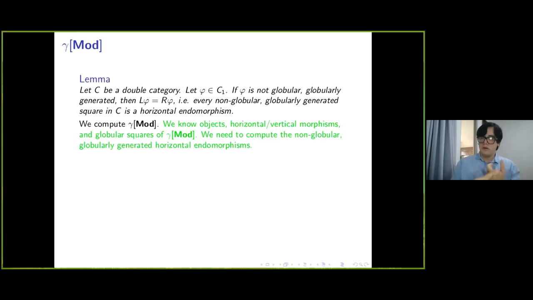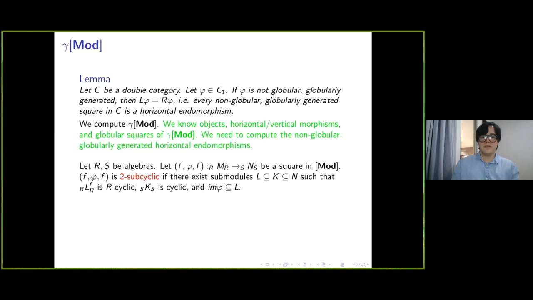So we know its objects, its horizontal endomorphisms, its horizontal morphisms, its vertical morphisms, and its globular squares. So we just need to say what the non-globular, globularly generated squares are. Again, through this lemma, we know that these are horizontal endomorphisms. So, okay, we'll use this.